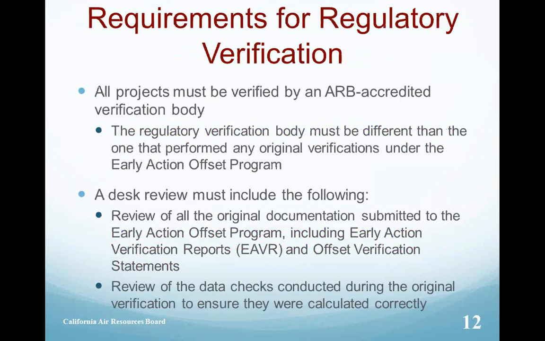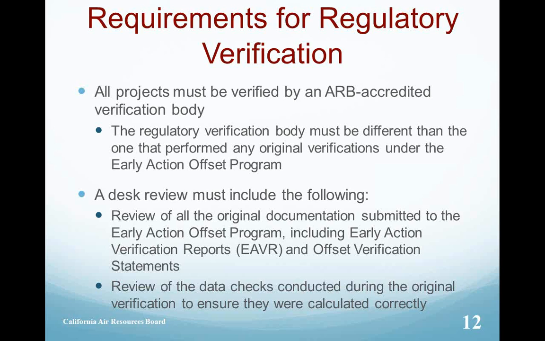So the regulatory verification. All projects must be verified by an ARB accredited verification body. You can find a list of those on our ARB offsets page. The regulatory verification body must be different than any of the verification bodies that performed the original verification on the Early Action Offset Programs project.